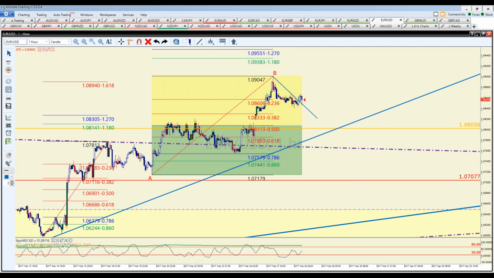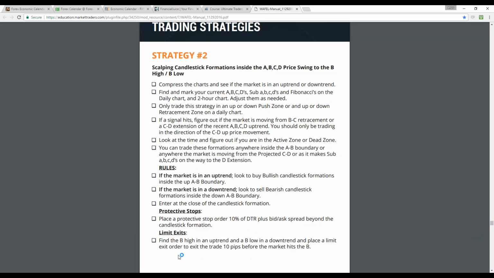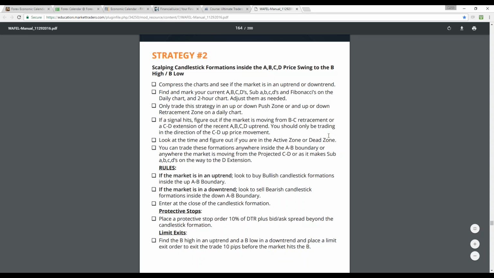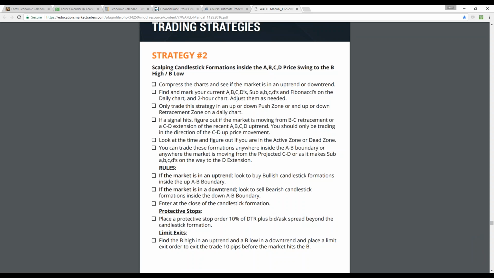Now, let's move on to strategy number 2. Strategy number 2 is called scalping candlestick formations inside the ABCD price swing to the B high or B low. So the steps in preparation will be the same.